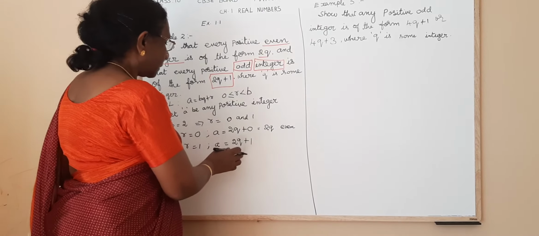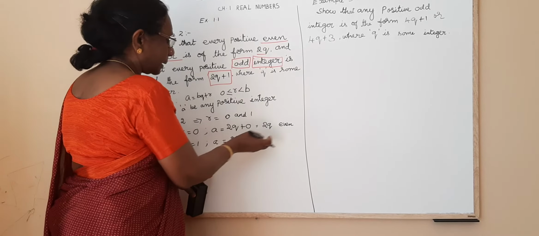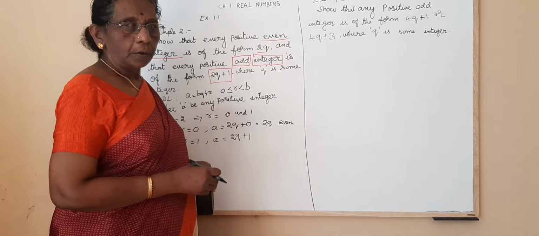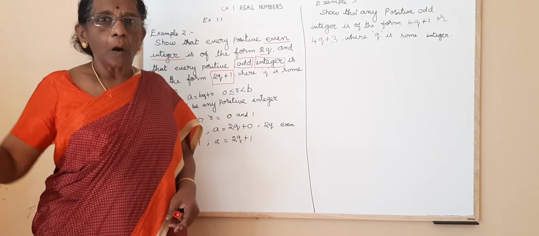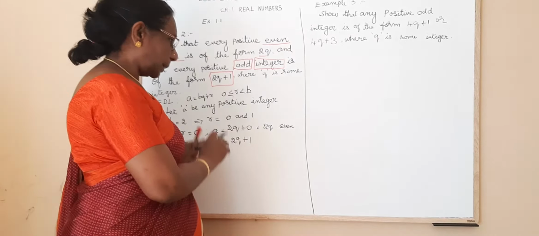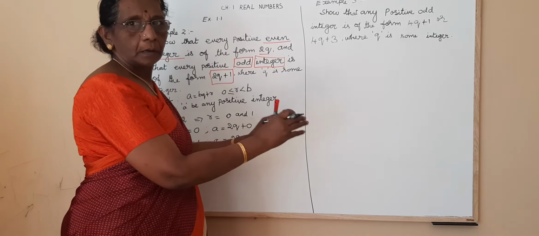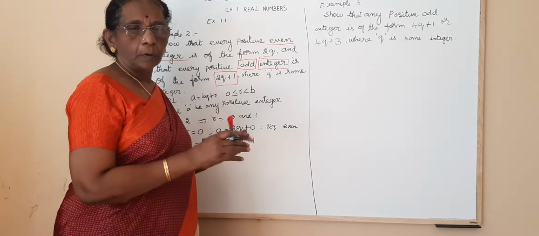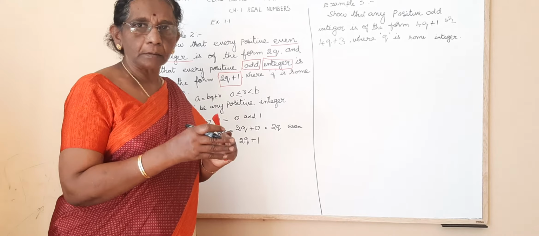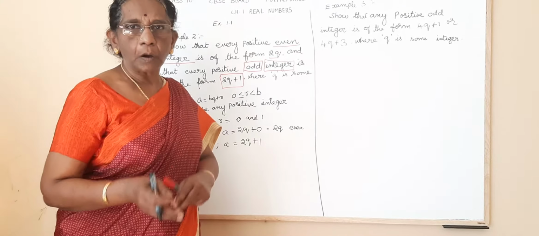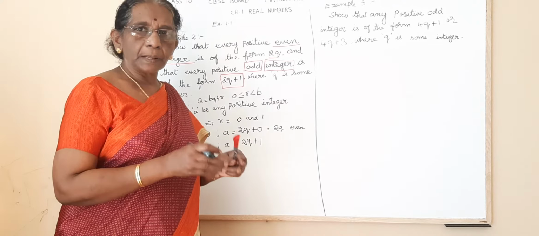Here 2Q, as we already know, is an even number. So when you add 1 to an even number, we get an odd number. Even number plus 1 is odd. Plus 1 means the next number. 4 plus 1 is 5: 4 is even, 5 is odd. 6 plus 1 is 7.